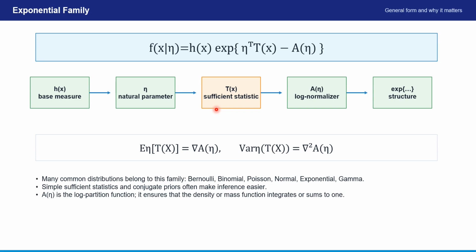In many exponential family models, E of t of x equals the gradient of a of eta, and Var of t of x equals the second derivative or Hessian of a of eta. This is one reason the exponential family is so useful in theory and in machine learning.